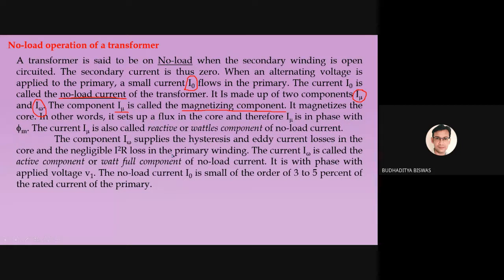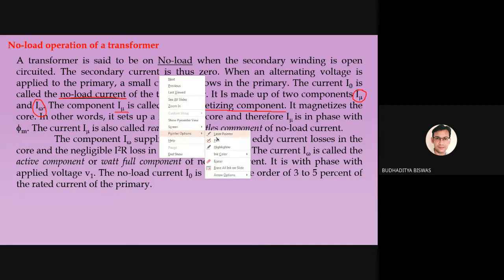When we apply some AC voltage across the winding of the transformer while the secondary side is open circuited, the flux will be generated. So one part of the current I0 magnetizes the core and produces the flux, and some other component supplies the active losses in the core. The component which caters to the active losses is called IW.